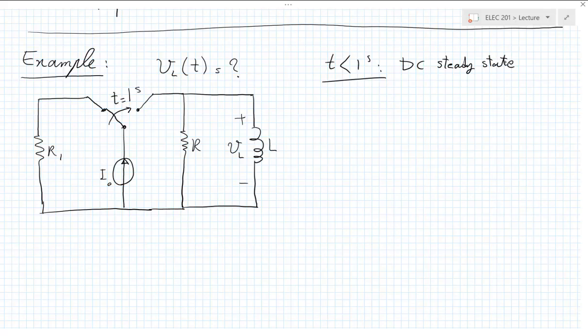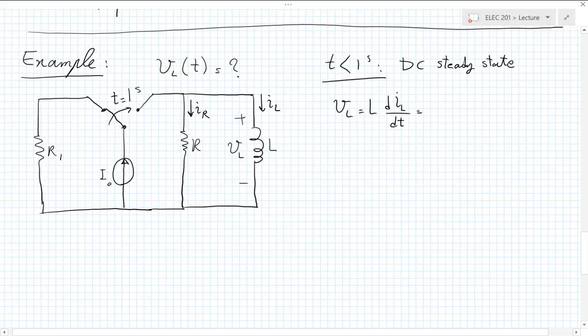So VL, which is L dIL by dt, and let's call this IL and this IR, is 0 in DC steady state, okay?